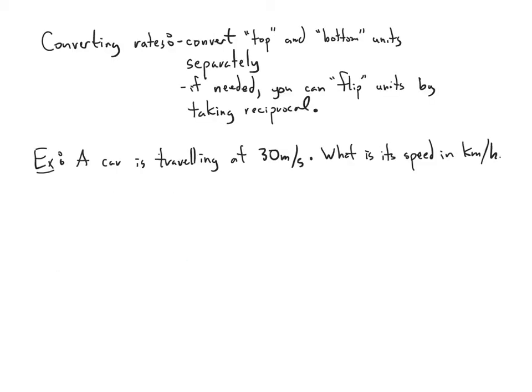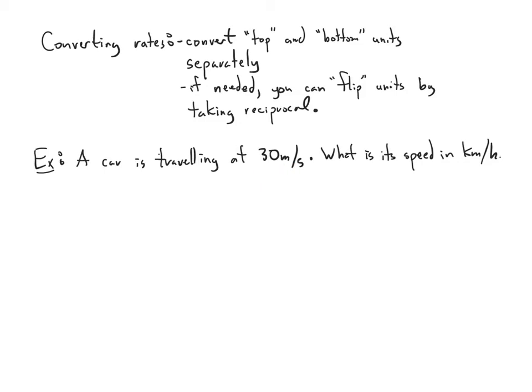All right. So sometimes units are expressed as rates. A common one, and the one that we're going to deal with, is speed. Kilometers per hour is a very common way of expressing speed. In sciences, meters per second is usually the common unit to express speed in.